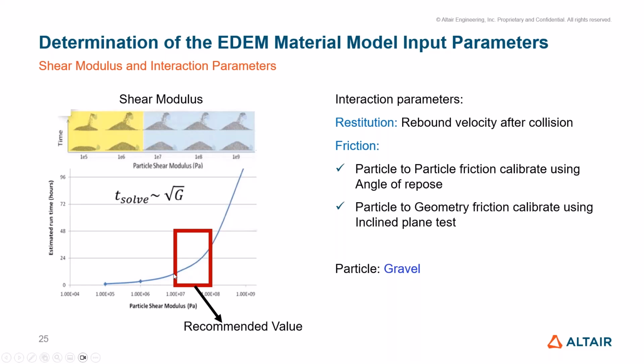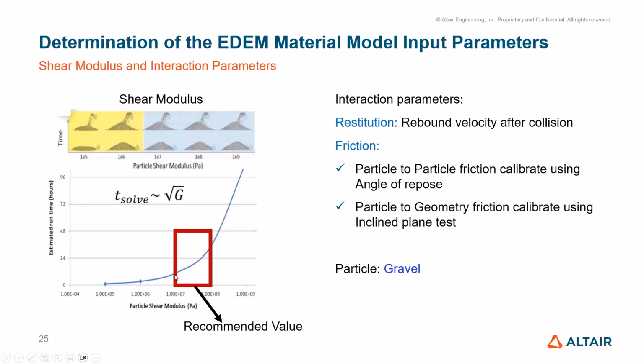From 1e⁷ to 1e⁸, which is even one order increase from 1e⁷ Pascal to 1e⁸, the computational time increases nearly 3 times, whereas from 1e⁸ to 1e⁹ the computational time increases drastically. So we would recommend going with a shear modulus of 1e⁷ to 1e⁸.